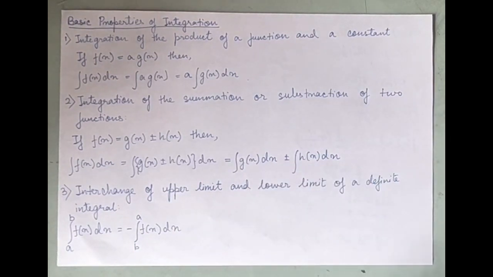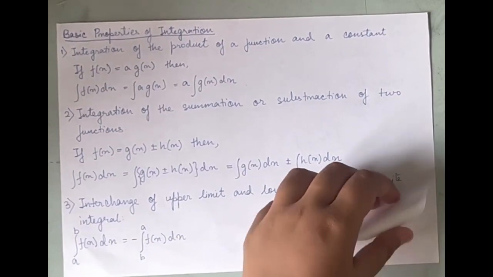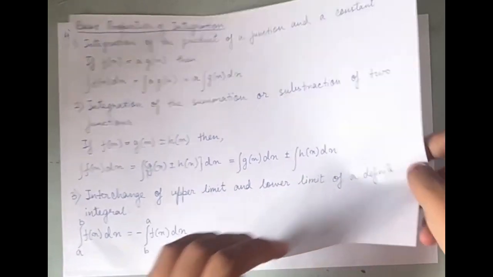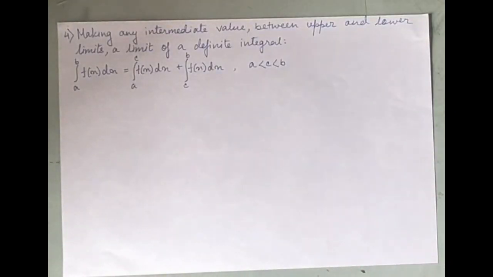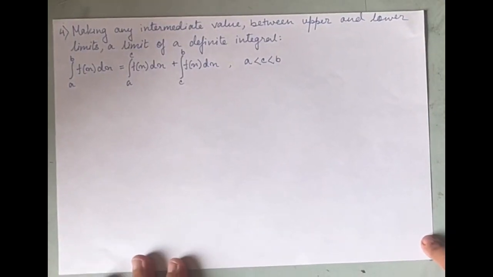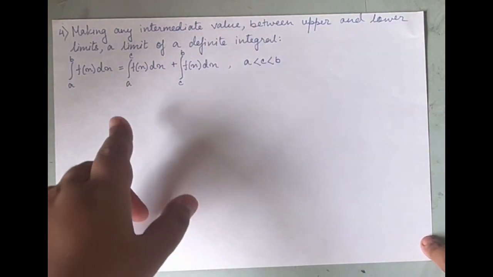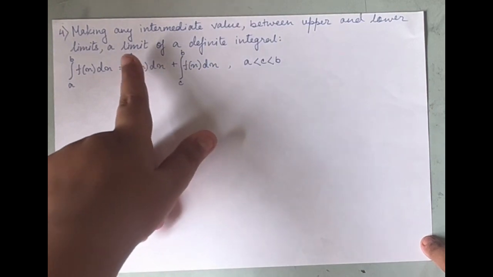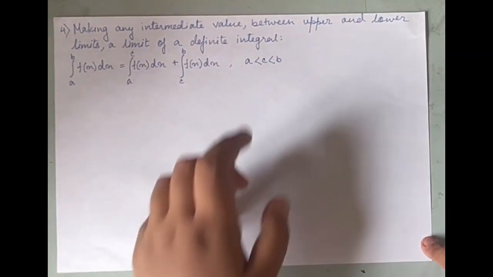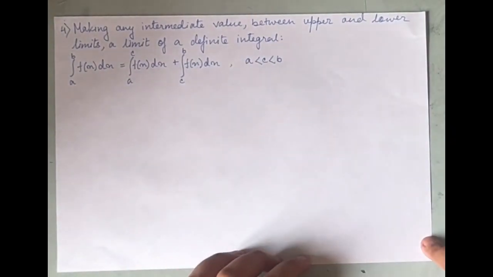I will explain this with the help of an example, but before that just have a look at the fourth property. The fourth property says that the integration of f(x) dx from a to b can be split into two different integrals with respect to a point called c, which is in between a and b.